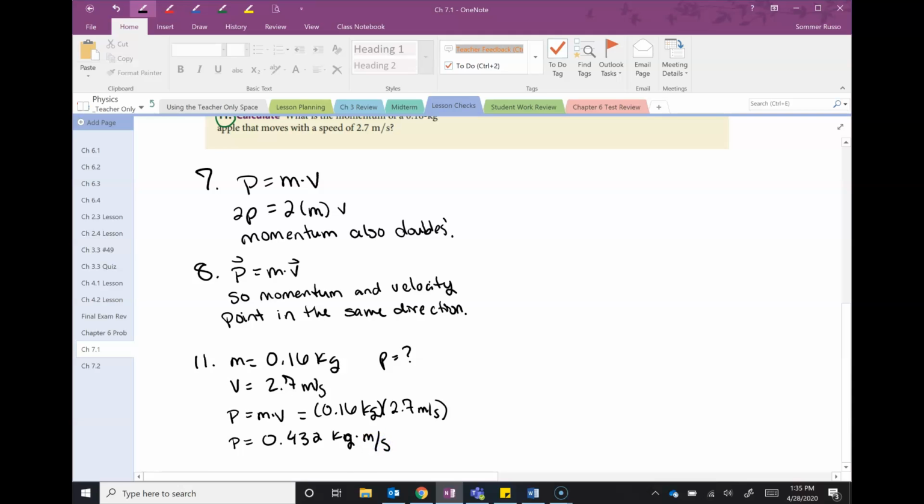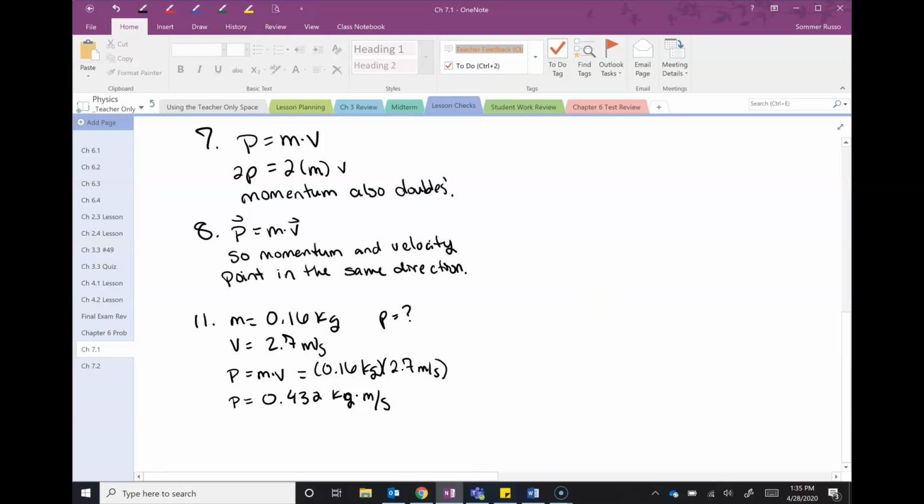We do only get 2 sig figs in this particular case. I will tell you, just a reminder, Mastering Physics does default to 3 sig figs. So this would be a perfectly acceptable Mastering Physics answer. But in terms of regular physics, these are 2 sig figs, so we would go ahead and force that down to 0.43 kilograms times meters per second.